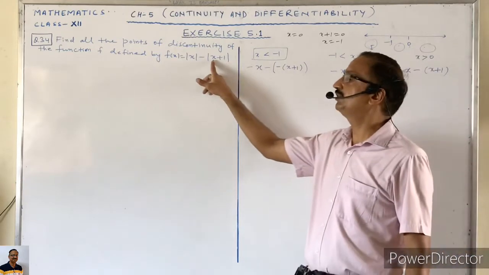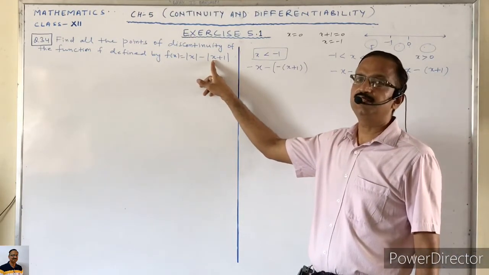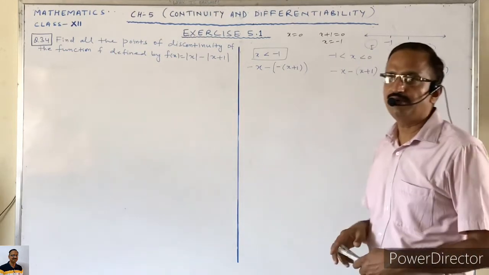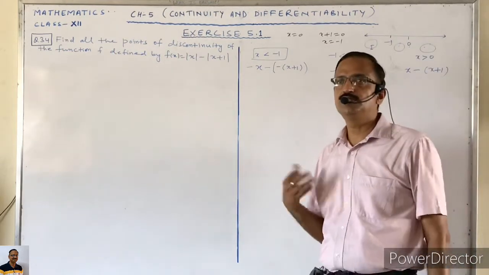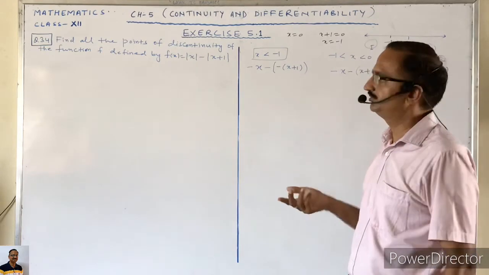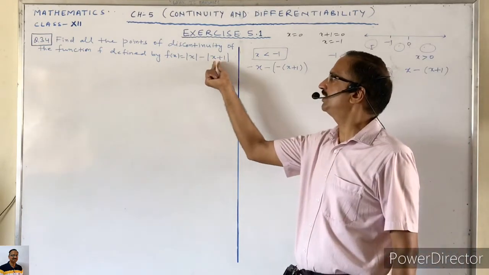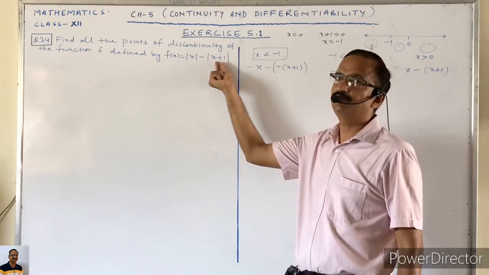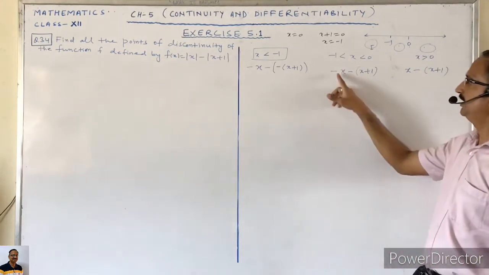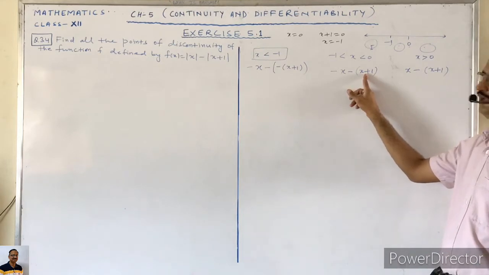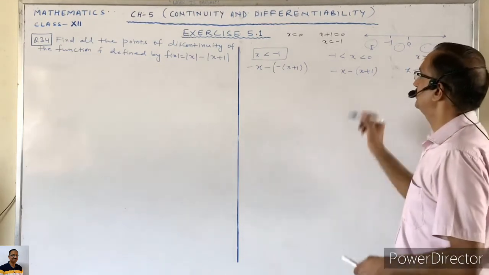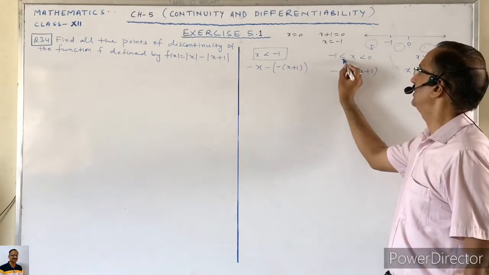Now when we put -1 here, then this is 0. And in the case of the modulus function, this 0 is also treated as positive. So when we put -1, then this is positive. So this is negative and this is positive. It means x equal to -1 is the case considered here.